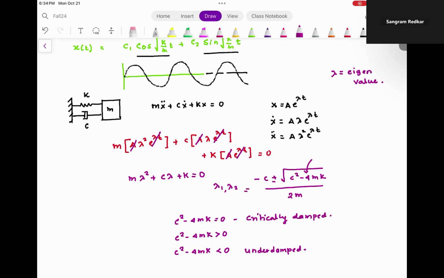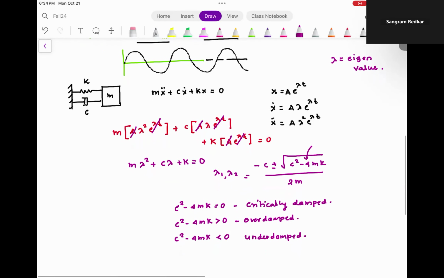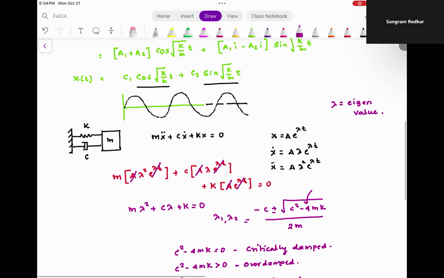And then if you have this, the system will be overdamped. So again, these are the eigenvalues, and c is the damping coefficient.